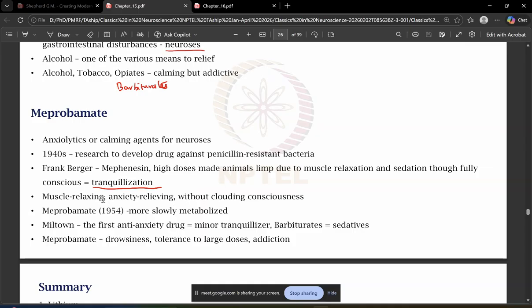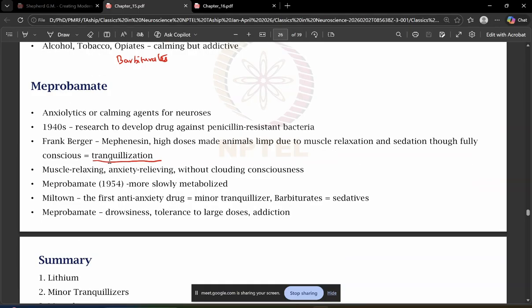The animals were fully conscious, but their muscles became relaxed and they became sedated and limp. So he called this tranquilization. He said that mephenesin is able to relax muscles and relieve anxiety, but it does not cloud consciousness. But the problem was that mephenesin was metabolized very fast and therefore could not be used.